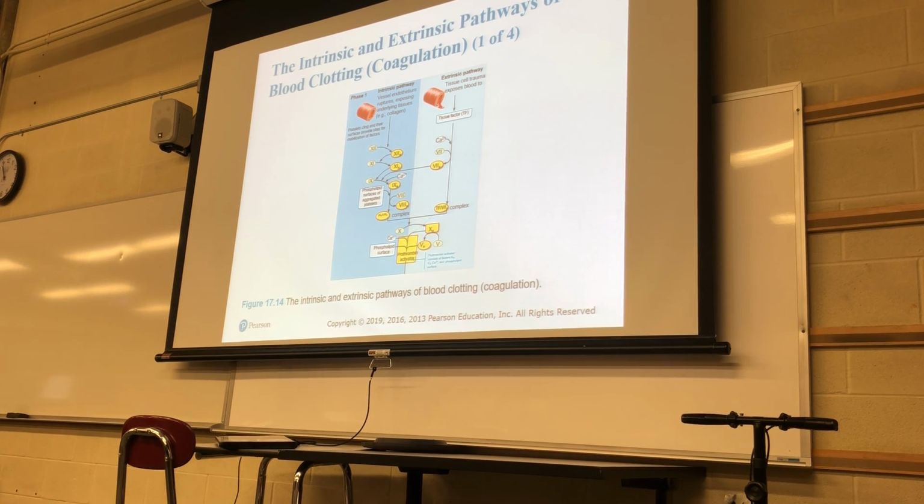Now, when you take certain meds, anti-clotting meds, they actually interfere with one of these pathways. That's how they work. They come in and block this step. If I block this step, I can't form a clot, so I shouldn't drop dead.